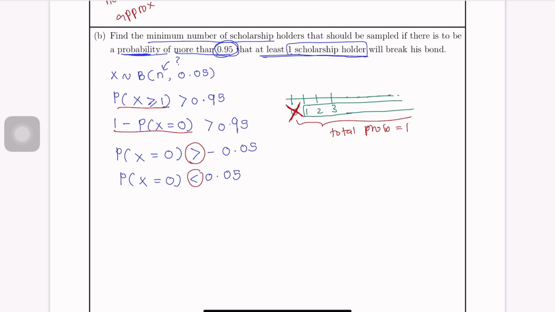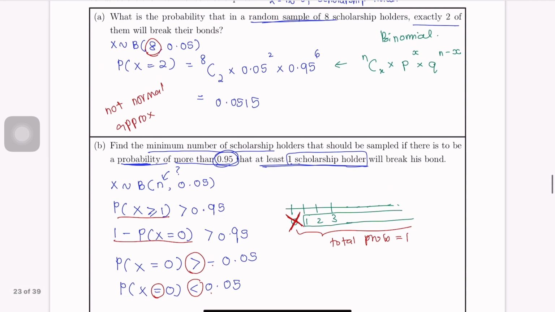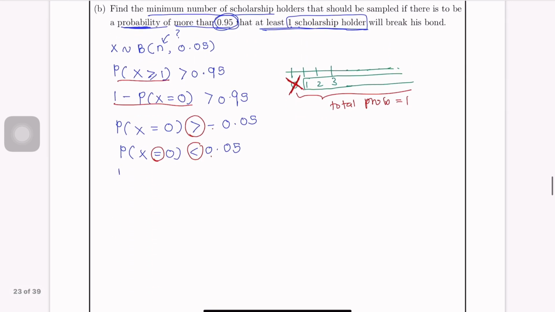Since we have equal, we can straight away use the formula. So the same formula we use in question A, nC0 times 0.05 to the power of 0 times 0.95 to the power of n minus 0 less than 0.05. Okay, this one will be 1, because any number C0 will get 1.